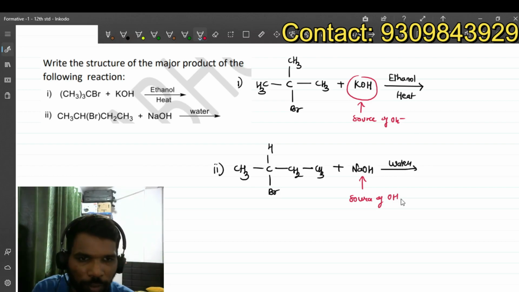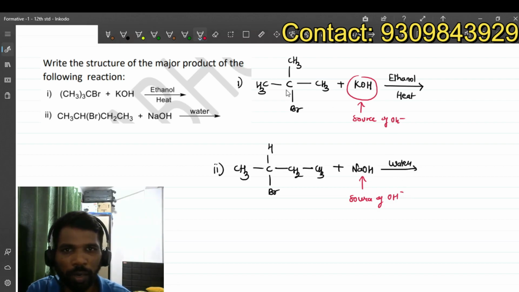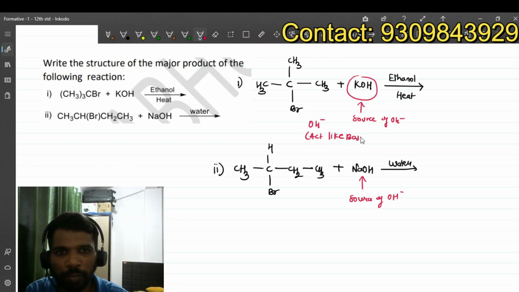Just understand the difference. Whenever it is alcoholic medium, this OH minus is going to act like a base. And here the OH minus will act like a nucleophile.